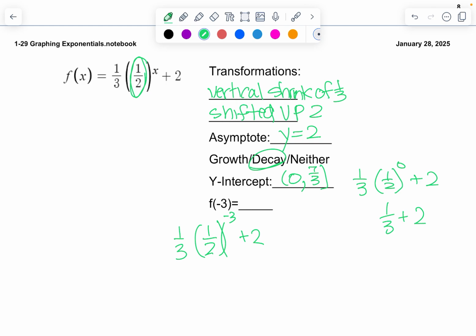I'm going to do 1/3, parentheses 1/2, and then raise that to the negative 3, and then I'm going to put x because I'm going to use the table. And then plus 2, and then I'm going to go to the table, and I'm going to look for negative 3 in my x column, and it gives me 14/3. Okay, I'm just going to leave it as a fraction because that's the most exact.